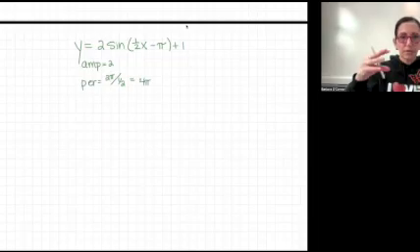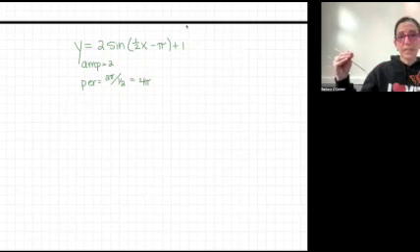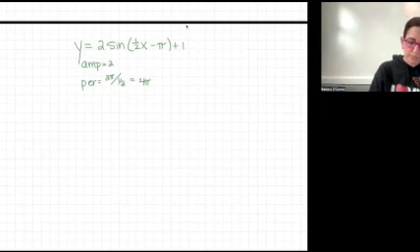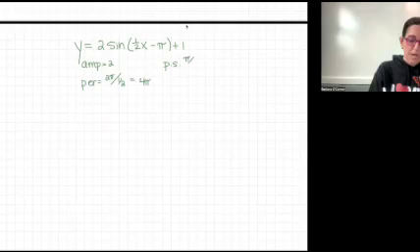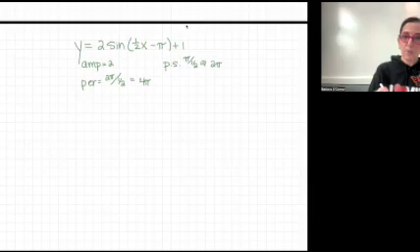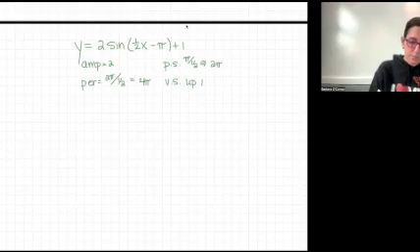That means this graph is going to be stretched out. It's going to take longer to complete one cycle. The phase shift is negative c over b, so it's pi over 1/2, or 2 pi, which means it's starting 2 pi to the right, and my vertical shift is up 1 because of this 1.